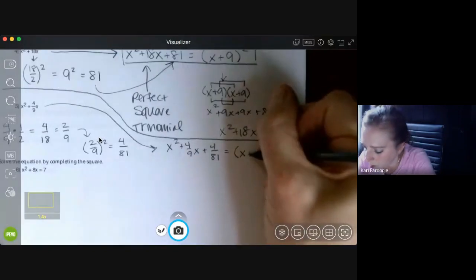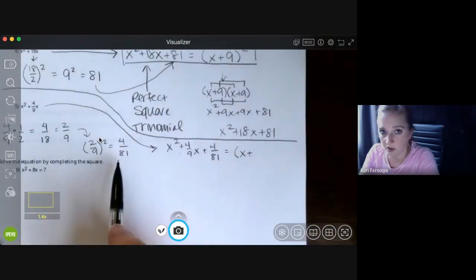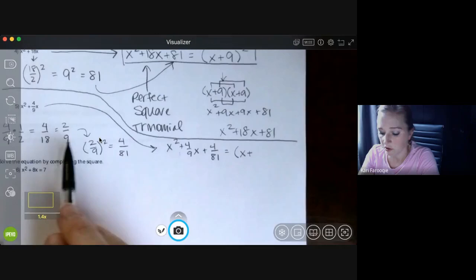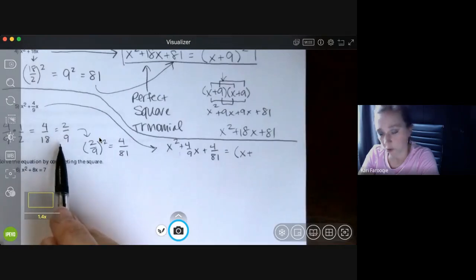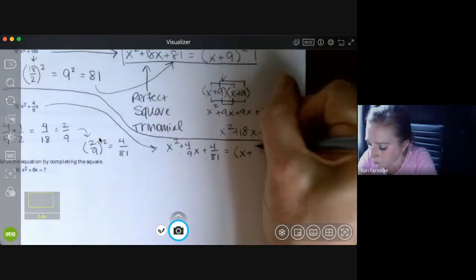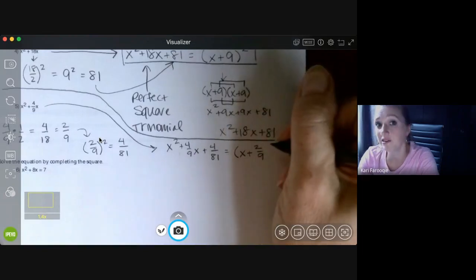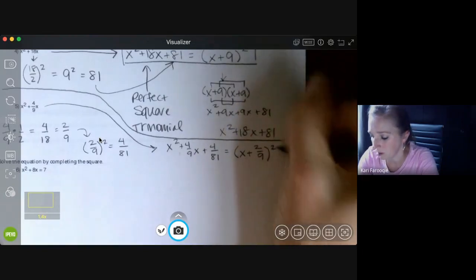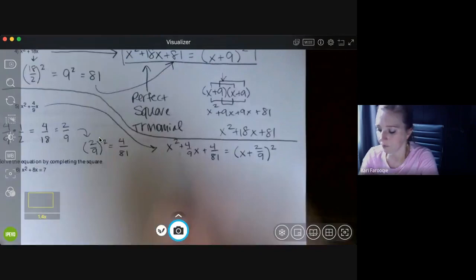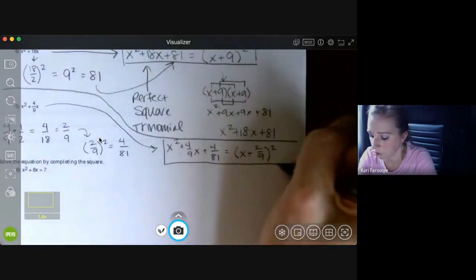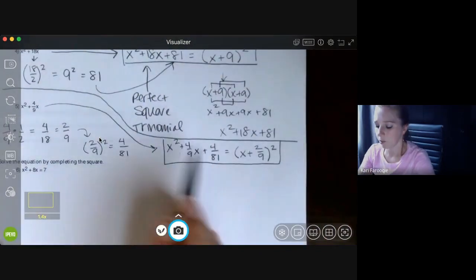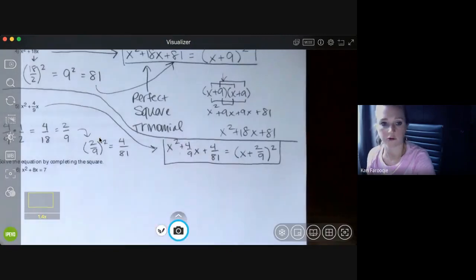And then we have a plus. And then don't use the value that you squared. Just use half of x's coefficient, which is 2/9. And don't use 4/18 because it's not simplified. And square the quantity. And that is your perfect square trinomial, both in expanded and factored form.